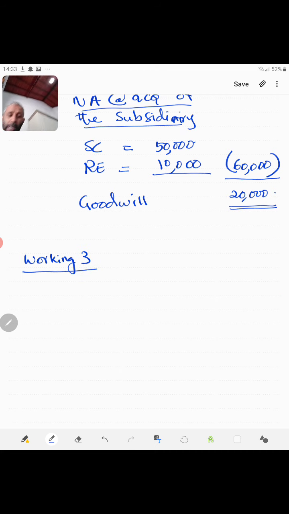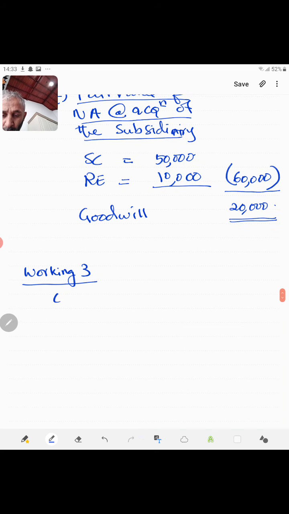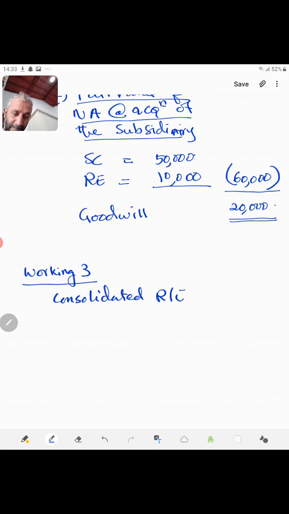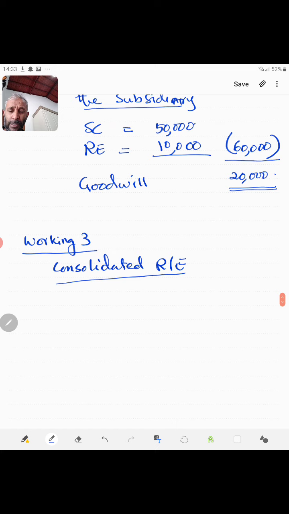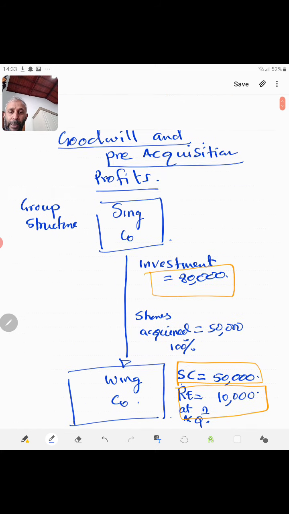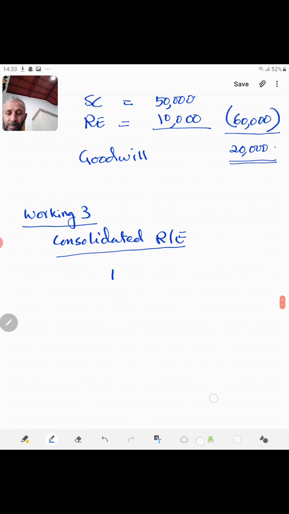Next, working number 3 will be consolidated retained earnings. The consolidated retained earnings will comprise the parent company, what's the name of the parent company? Singh company, Singh, and the subsidiary company Wing.